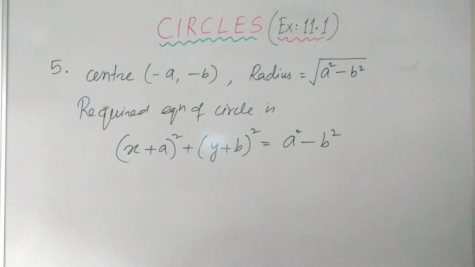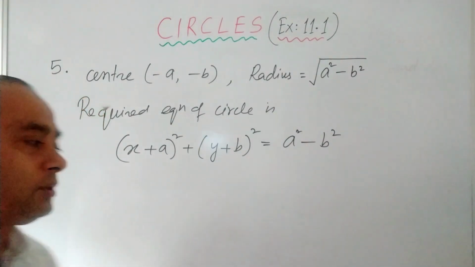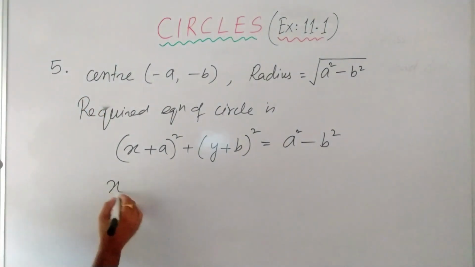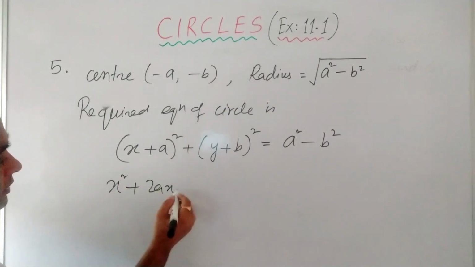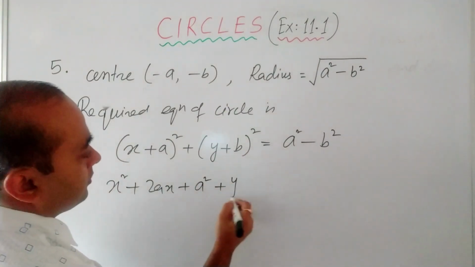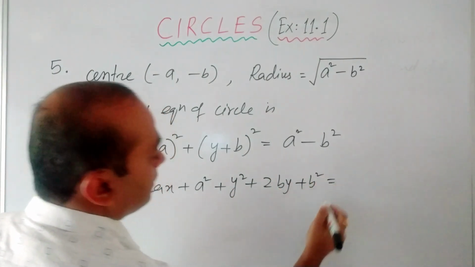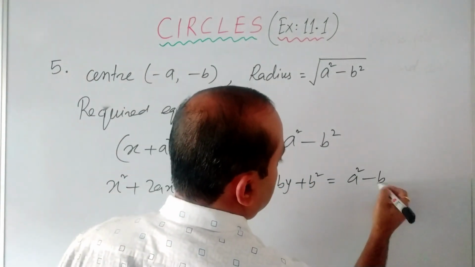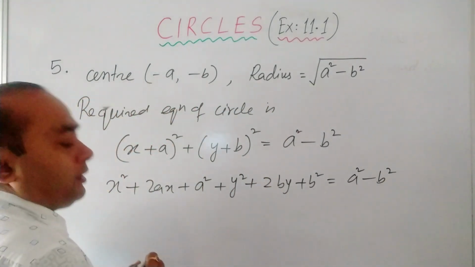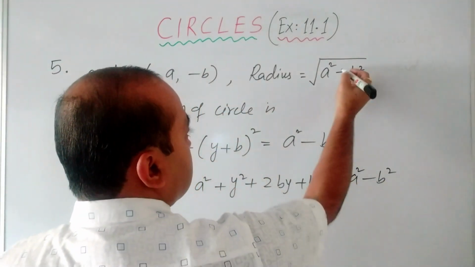And if you want, you can simplify this equation also by using the (a plus b) whole square formula. x square plus 2ax plus a square plus y square plus 2by plus b square equal to a square minus b square. In some books there is a plus sign also.